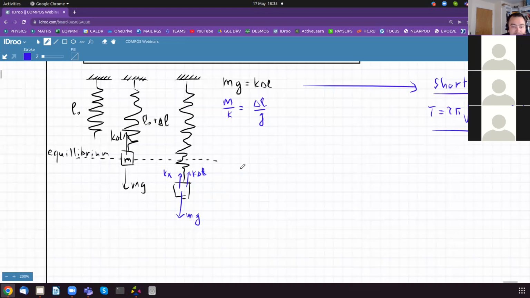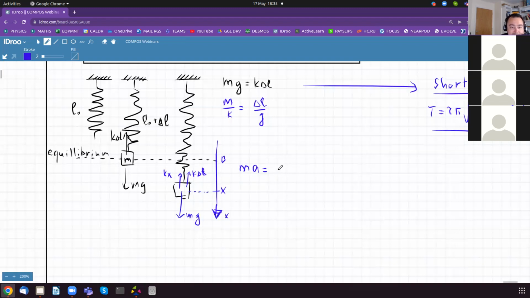So we write down Newton's second law. So mass times acceleration is equal to, displacement is down. So this is x, this is 0. So this is the positive direction, positive x-axis.